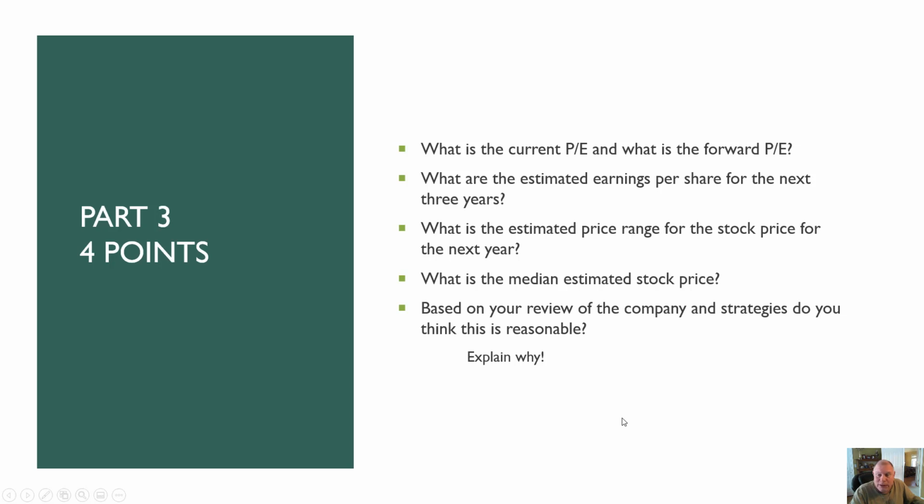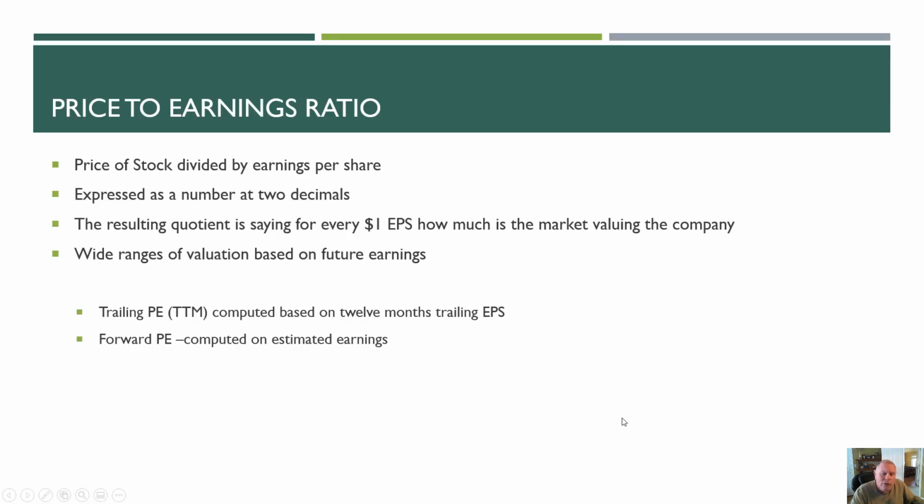forward PE is. Okay, the price to earnings ratio, PE, is the price of the stock at a point in time divided by earnings per share, expressed as a number with 2 decimals. The resulting quotient is saying that for every dollar of earnings per share, how much is the market valuing the company?